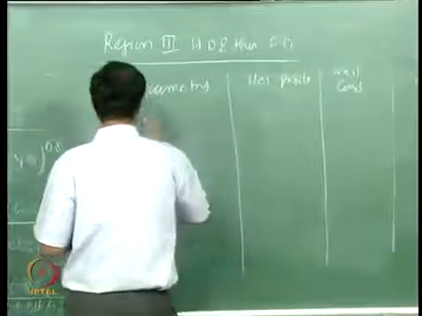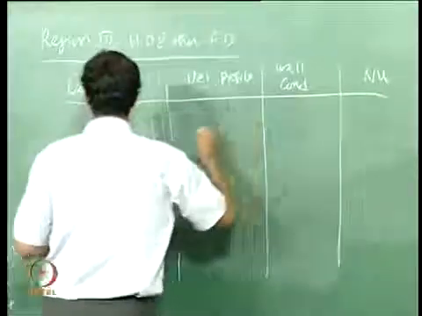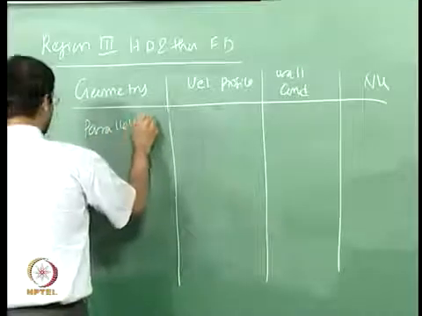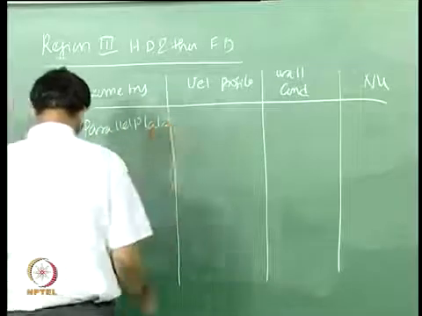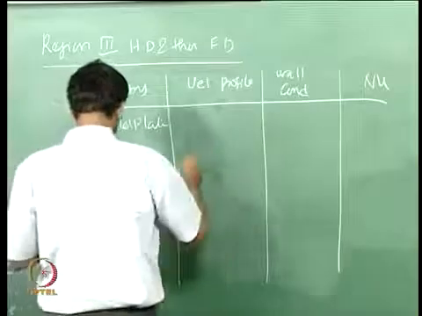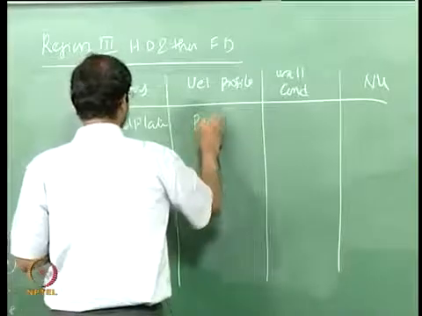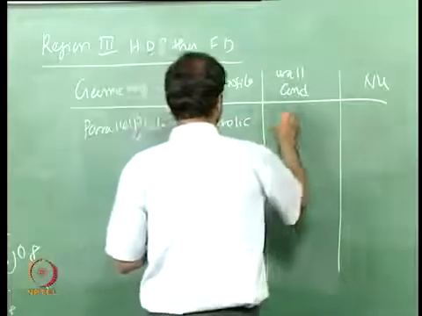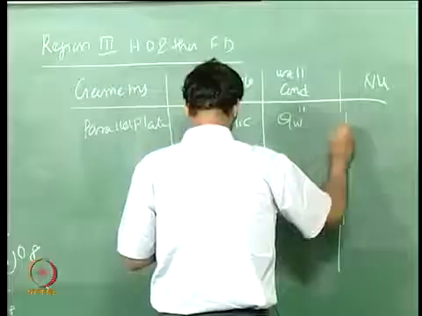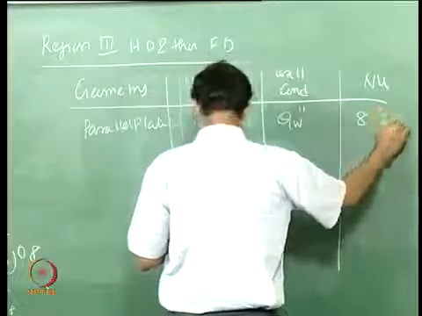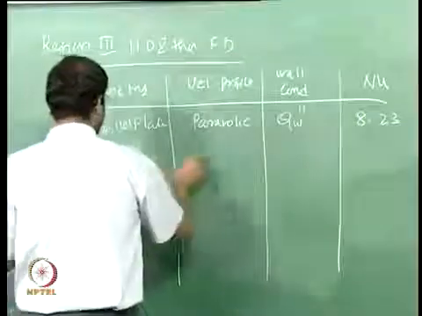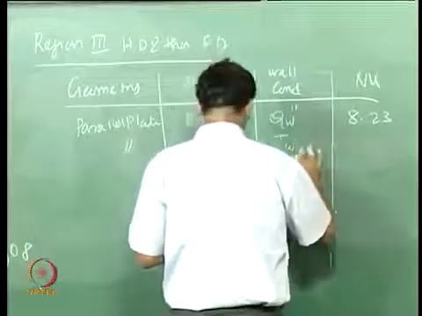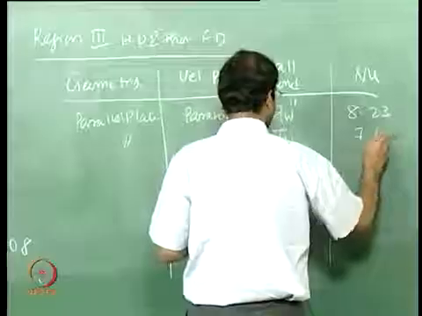Okay, we will start with a parallel plate, with a parabolic profile and Q wall is constant. The value is 8.23. Parallel plate, parabolic, and T wall is constant, 7.60.